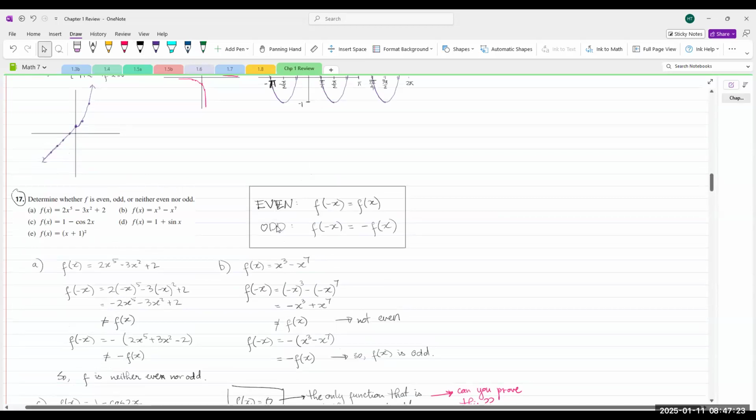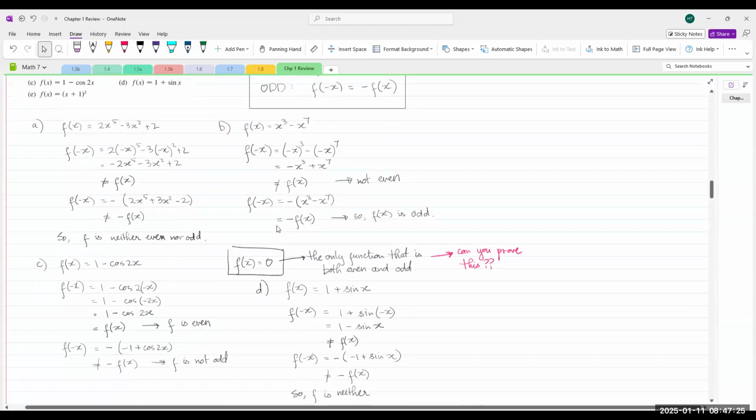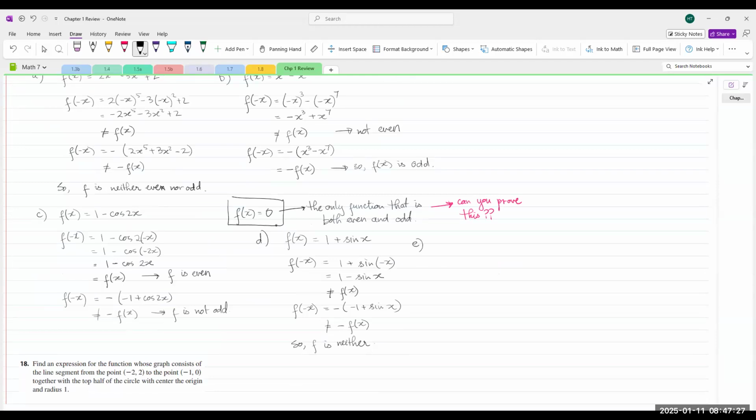The last one, part E, f(x) = (x + 1)^2. So f(-x) is (-x + 1)^2. This is clearly not equal to f(x), so it is not even. If I factor the negative, there's no way for me to factor the negative though.